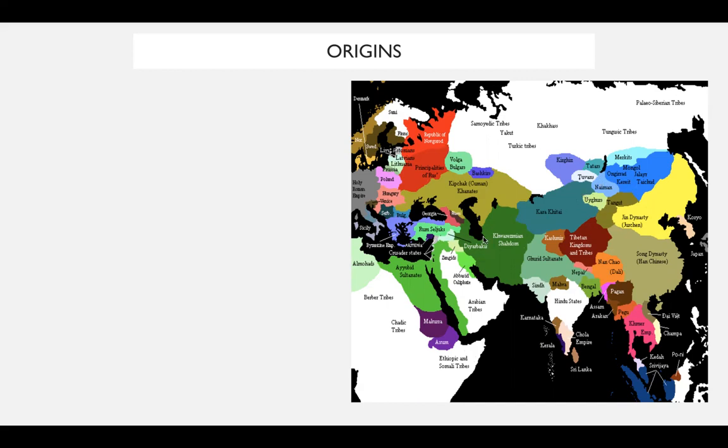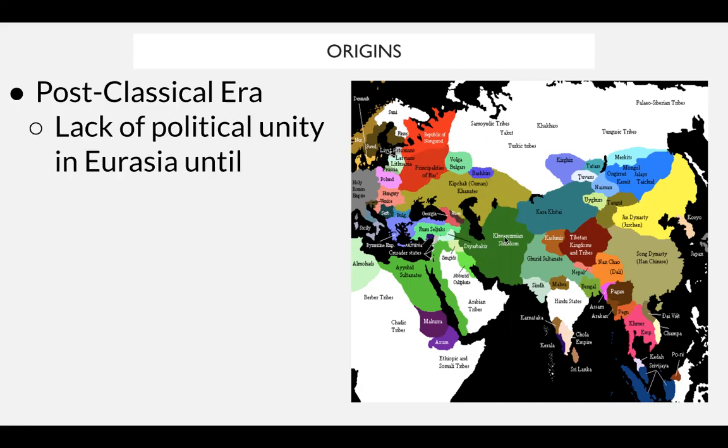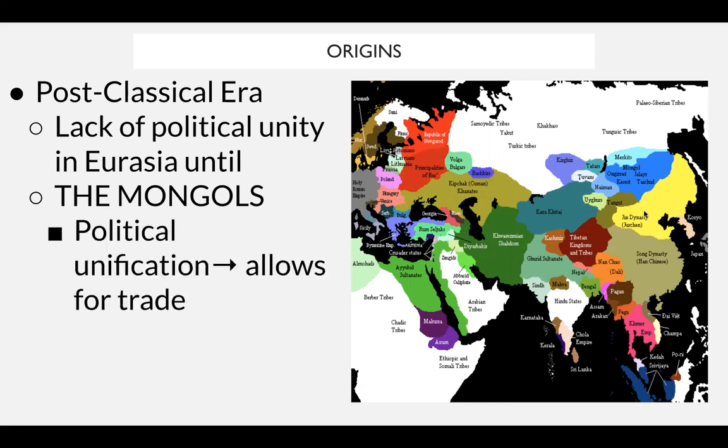It's a very dangerous place to travel right now. You don't have a unified, stable empire until, of course, the Mongols. And the Mongols, as we will see, will promote a protected Silk Road. There's a single unified empire, and that is going to allow for an expansion of Silk Road trade. But we will definitely look at that more coming up.